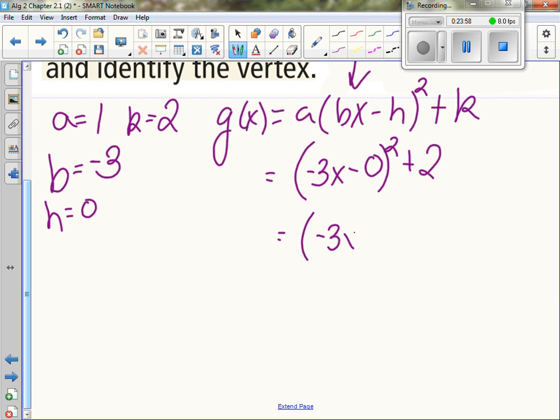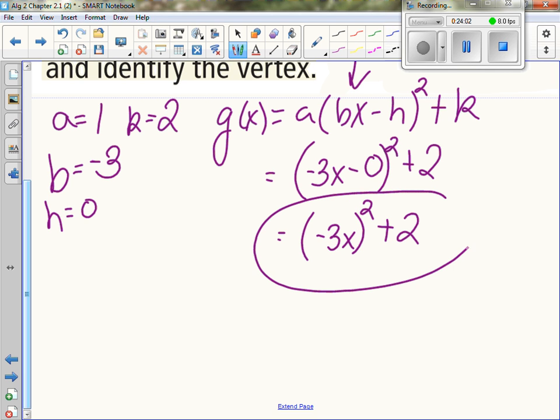Well, negative 3x minus 0 is just negative 3x, squared, plus 2. We're not going to drop the parentheses because we still want to identify that there is a reflection in the y-axis. We could have simplified that to 9x squared plus 2 and got the same thing, but we'll leave it as this here.